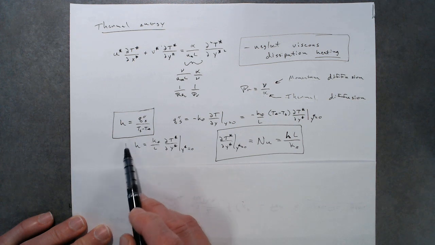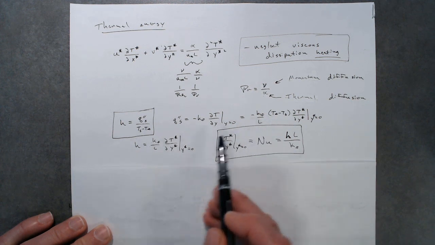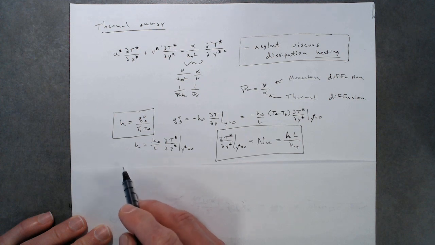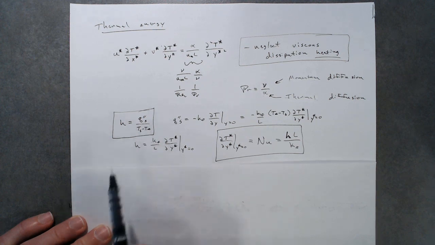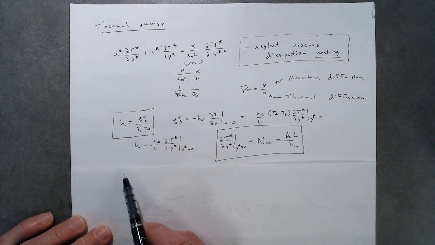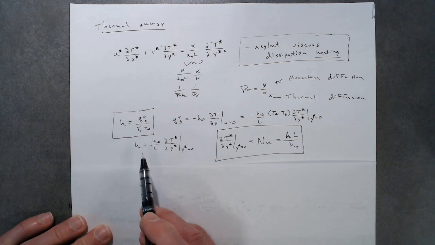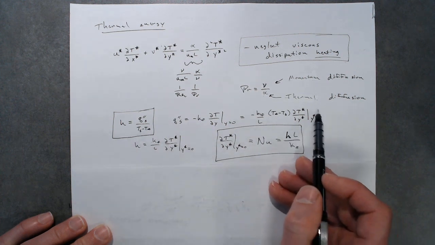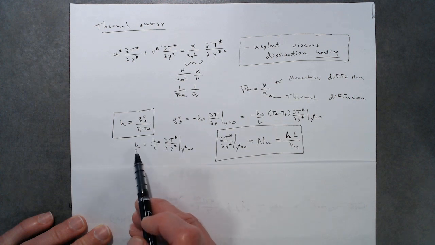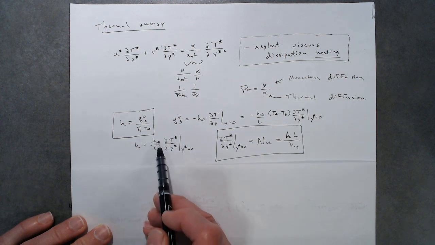Well, if we rearrange this equation from this definition, again, Newton's law of cooling tells me that heat flux is equal to h times the temperature difference between the surface and the free stream temperature. So from that definition and this relation from the non-dimensionalization, we can say that h is equal to k of the fluid.